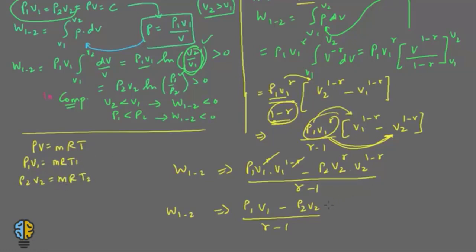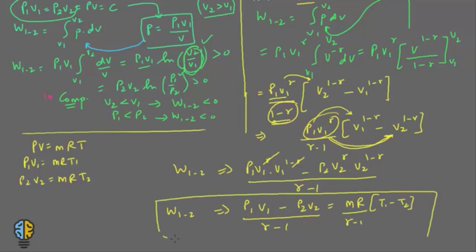So you can replace it with MR, being the constant value, outside, over gamma minus 1 into T1 minus T2. So this is the value of work done in the adiabatic process. Note this down, and make a note of this expression for isothermal and this expression for adiabatic.